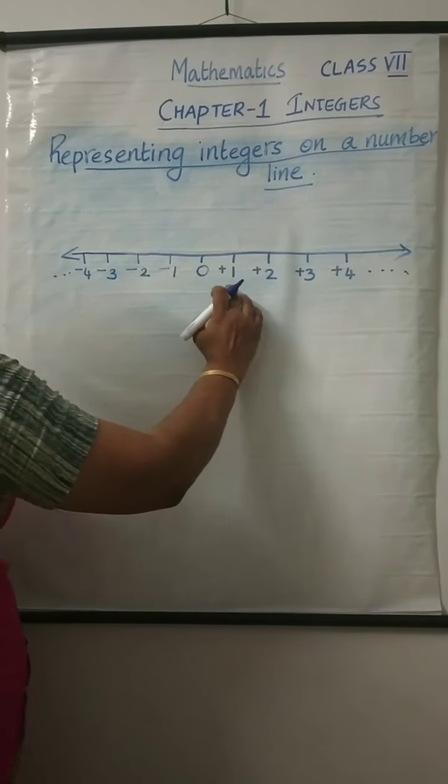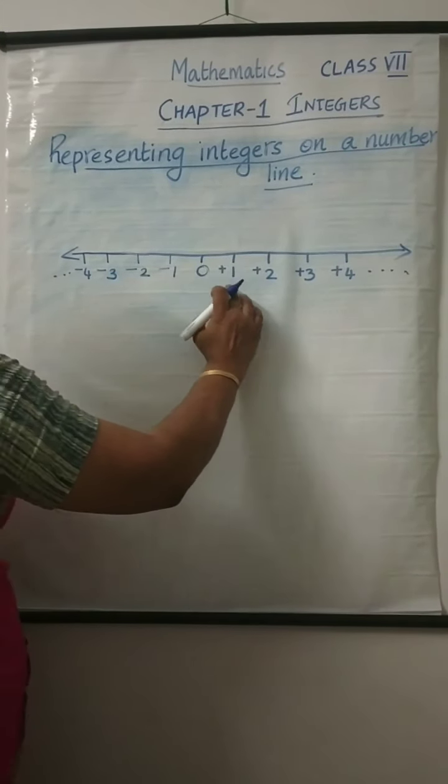Then minus 2, so you have to move 2 units to the right. So from positive 3, 2 units to the right, that is positive 5.